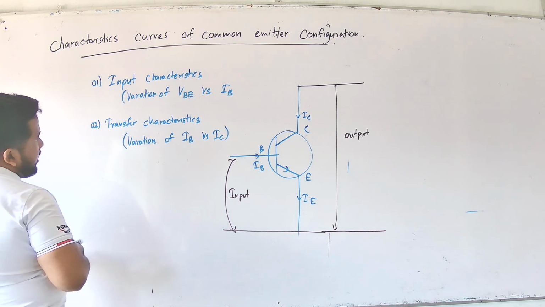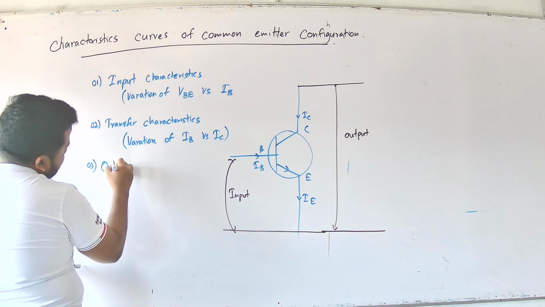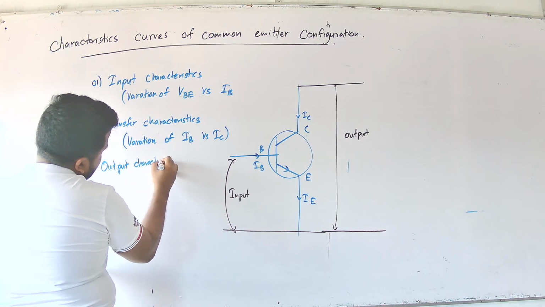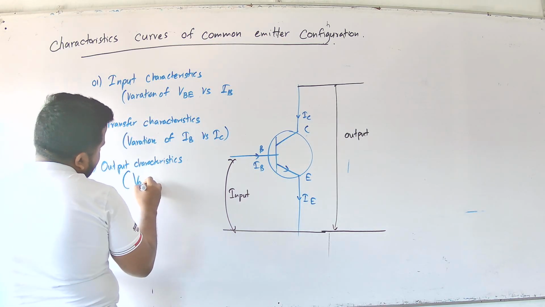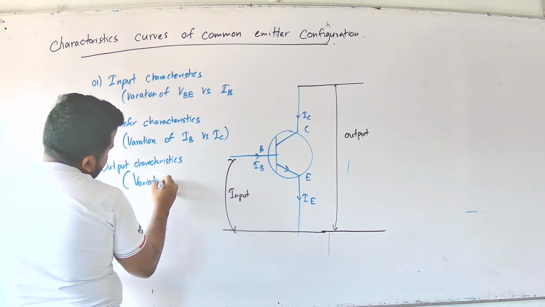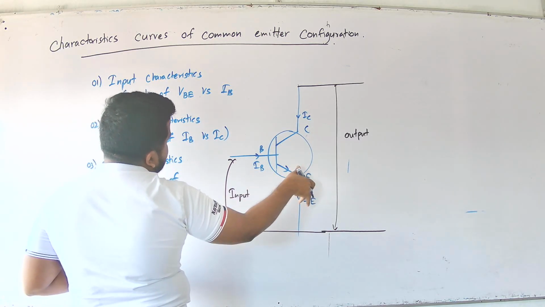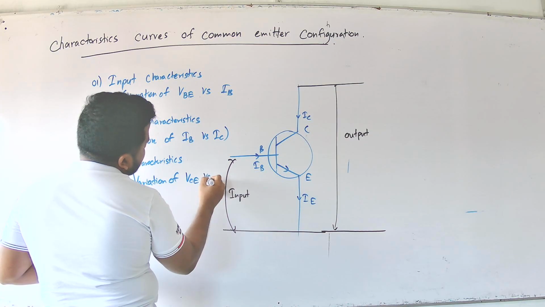Then we get the output characteristics, the variation of VCE versus IC.